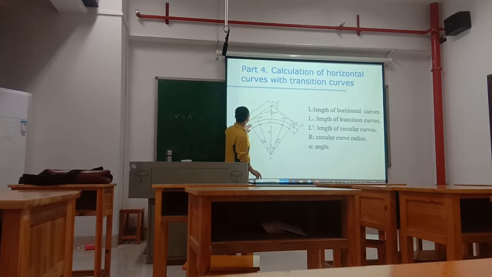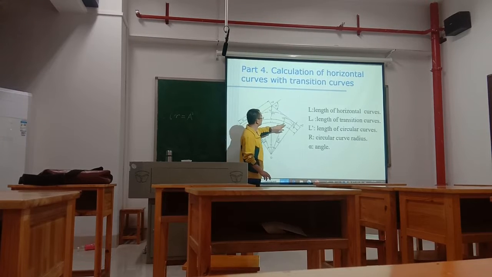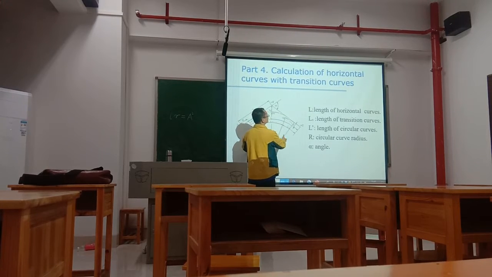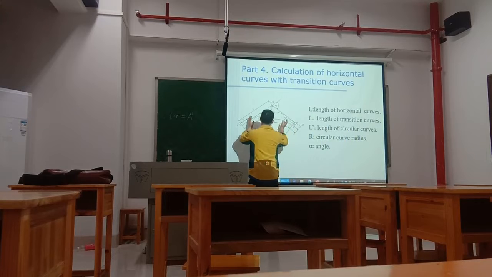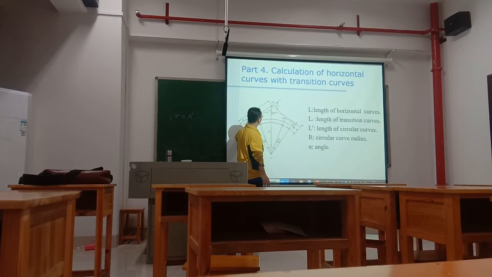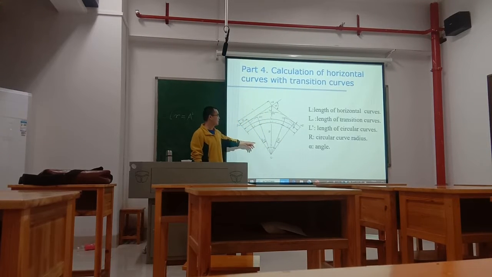This is one transition curve. This is the other transition curve. This is the circular curve. This is the horizontal curve, so the horizontal curve contains a circular curve and two transition curves. Beta 0 is the angle of transition curve.